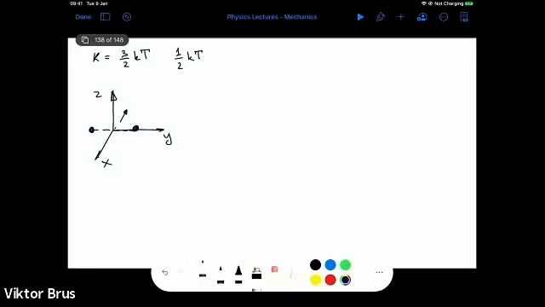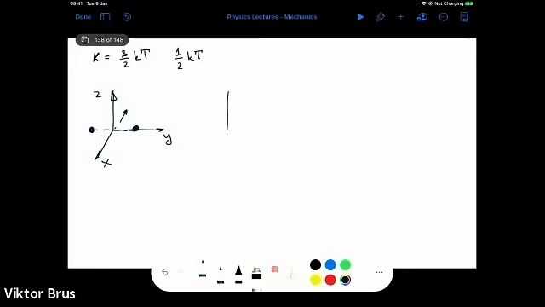However, if it's not just a point mass, but a system of 2 point masses, it can also participate in rotational motion. And we know from the chapter we discussed in mechanics, rotation of rigid bodies, that rotation also provides its contribution to total kinetic energy.